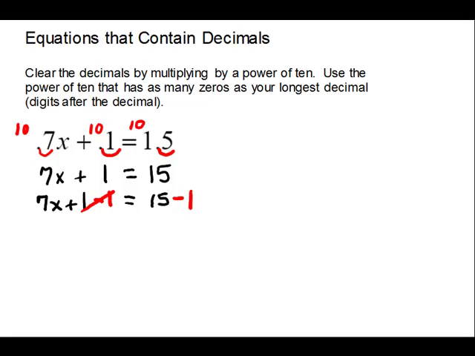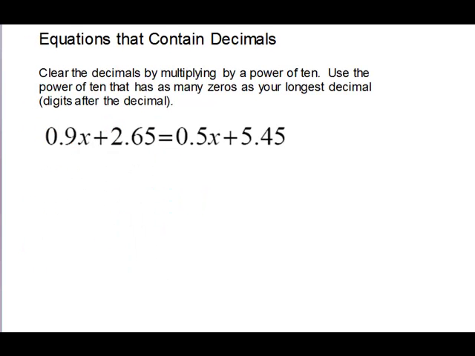Clean up. 7x equals 14. And then back on this side with x, you're going to divide by 7. So we get x equals 2.